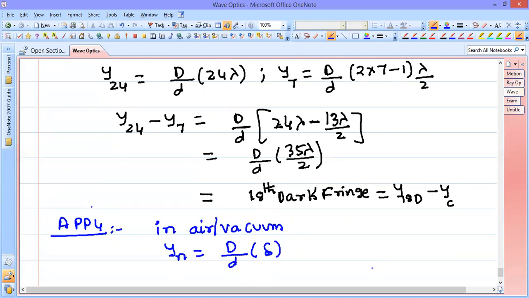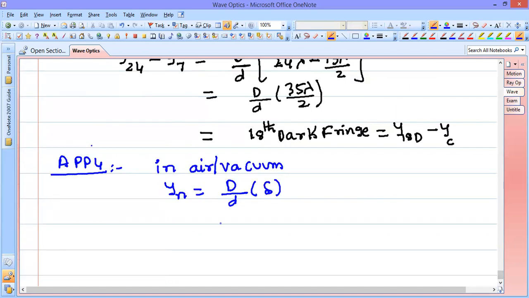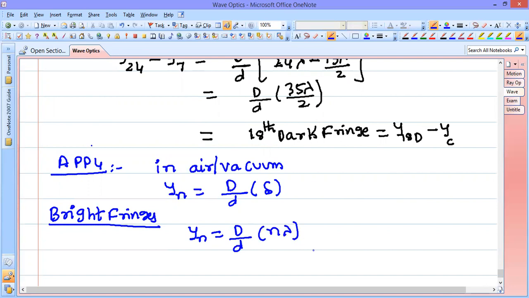Either you can consider the constructive interference or destructive interference. Here I am considering the constructive interference that corresponds to the bright fringes. That is yn is equal to capital D by small d times n lambda.